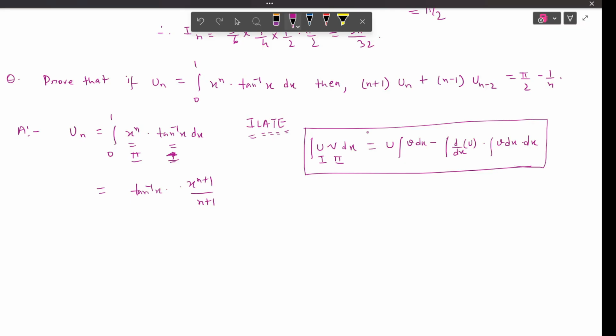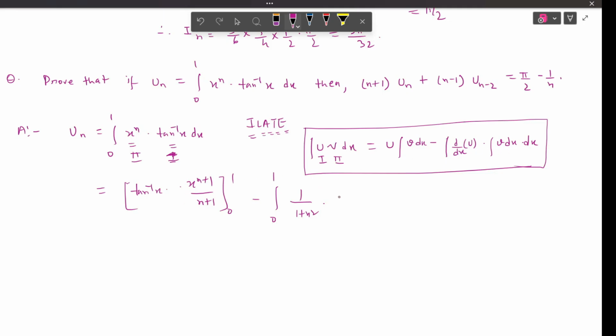Okay, now let's apply. So it would be from 0 to 1, minus the integration from 0 to 1 of d/dx of u. The first function is tan inverse x and the differentiation is 1 by 1 plus x square, into the integration of v dx.